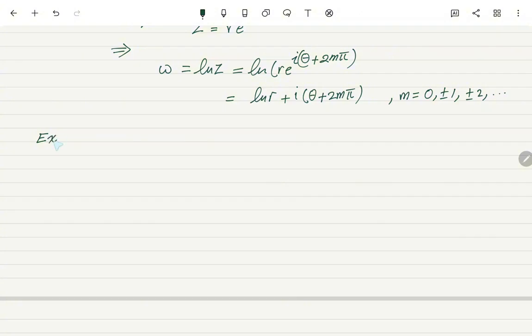Example, find ln minus 1. So in this case here, let's put minus 1 into polar form. So minus 1 equal to e to the i pi plus 2m pi, and m here equal to, we just defined it, 0, plus minus 1 and so on. Remember, r in this case it's equal to 1, and theta it's equal to pi.